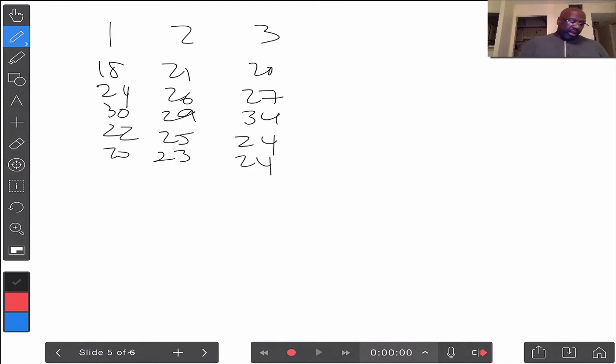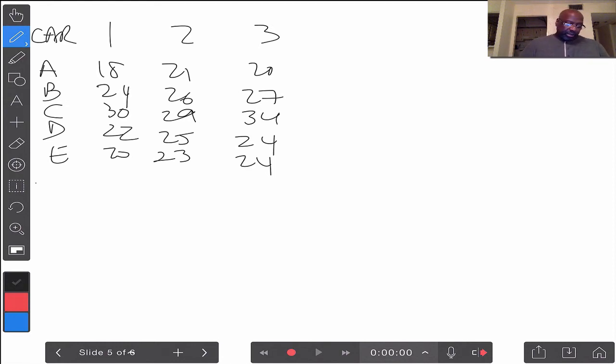Good. Now we have the car types: type A, type B, type C, type D, type E. And so you can see now we have our blocks: the repeated data for car A, repeated data for car B, for car C, and so on.